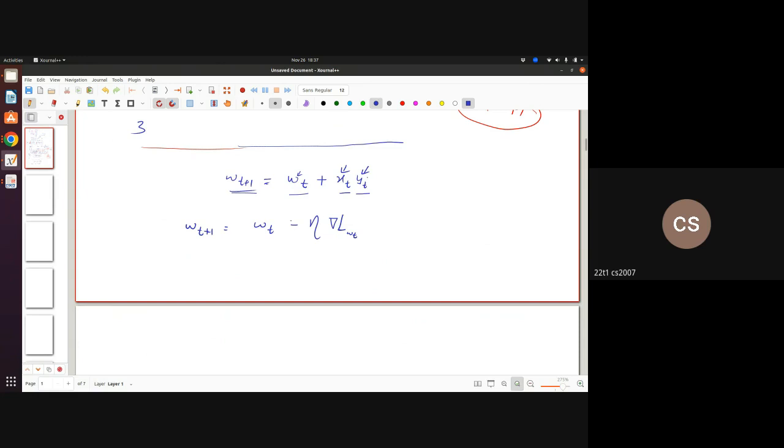So if you compare these two formulae, let's say I put eta equal to 1. Then this becomes Wt minus the gradient of the loss function.